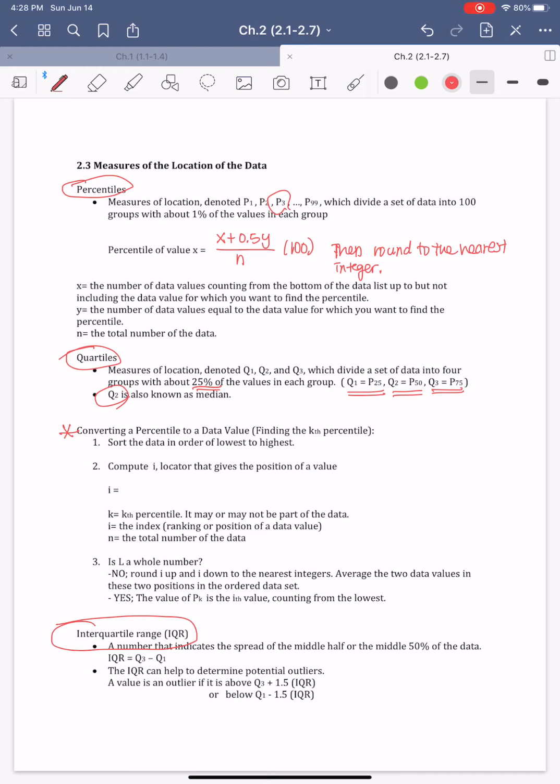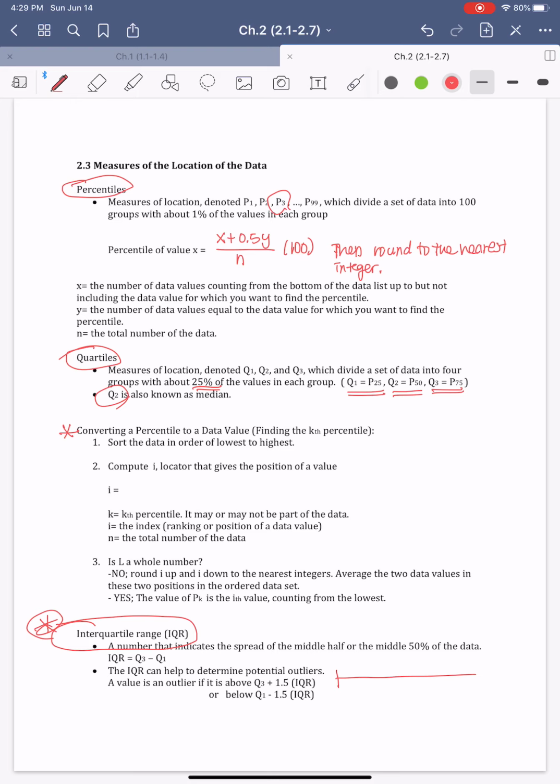Let me talk about the interquartile range first, and then I will go back to converting percentiles. Now, the interquartile range, IQR, is the number that indicates the spread of the middle half, or the middle 50% of the data values. So IQR is the difference Q3 minus Q1, which is P75 minus P25. So I'm looking at the middle part.